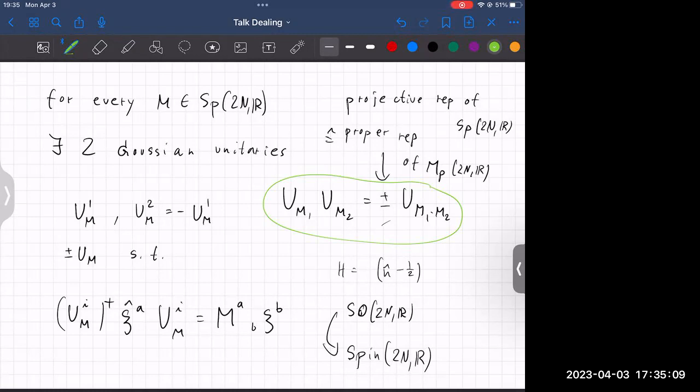I hope to get back to that soon. There we develop a method to understand how to get these signs properly by having a way to describe the metaplectic group in a nice way.